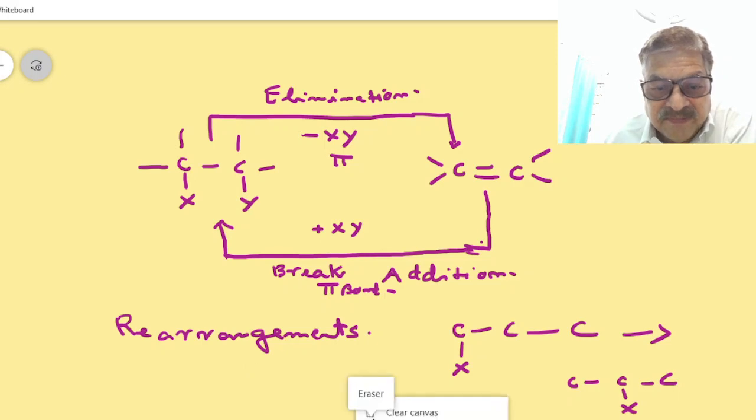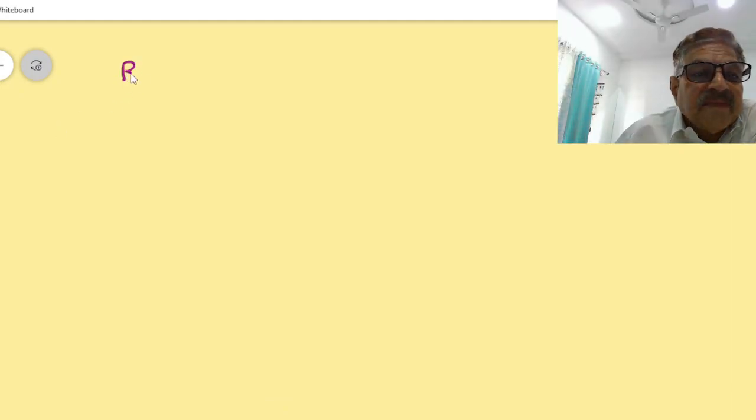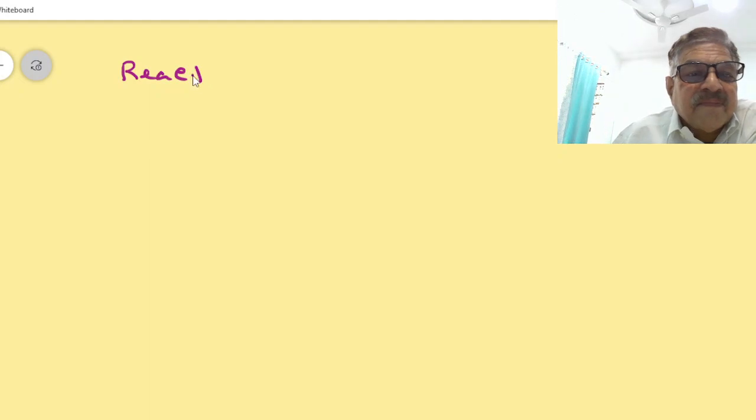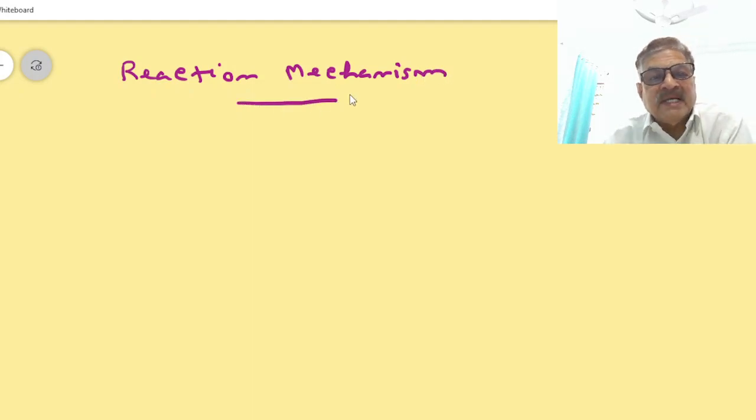Because you must have often heard this word, reaction mechanism. What is the mechanism of the reaction?